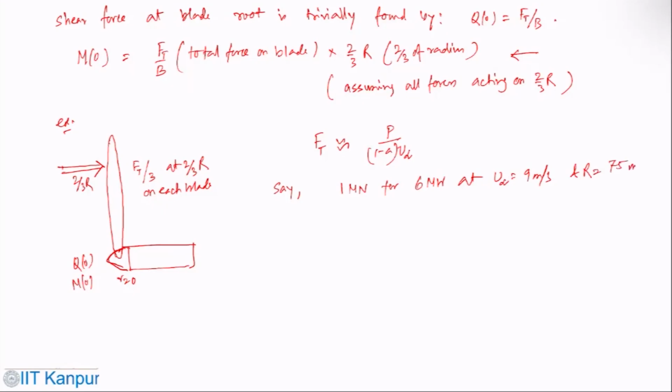Then M of 0 is 2/3 R times F_T by 3, which is around 16 meganewton meter. Okay. So this is the measure of the bending moment that you have.